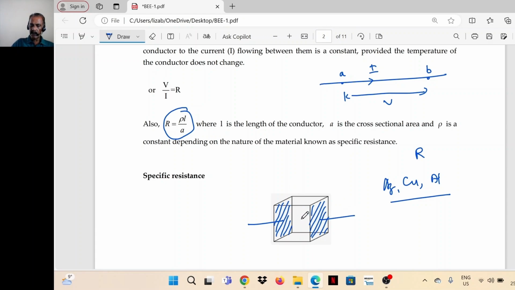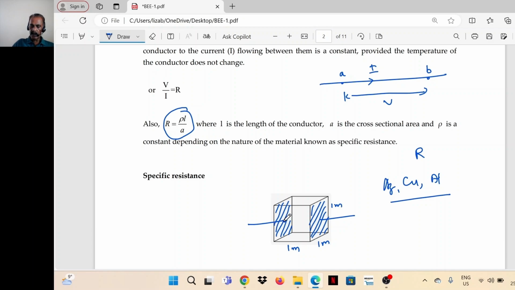Measure the resistance of the cube across the opposite faces. Whatever resistance you are getting is numerically equal to the specific resistance of that material. So specific resistance, by definition, is the resistance across the opposite faces of a cube of that material, of 1 meter length, 1 meter breadth, and 1 meter height.